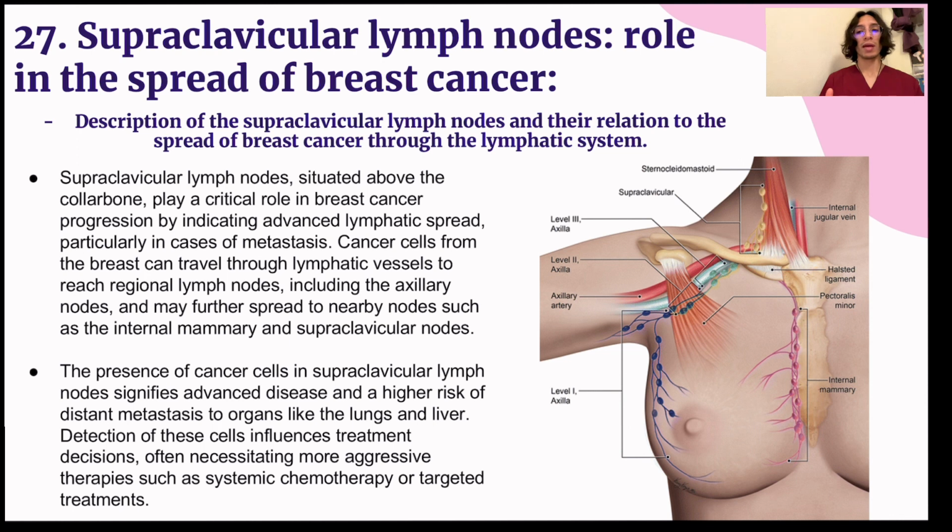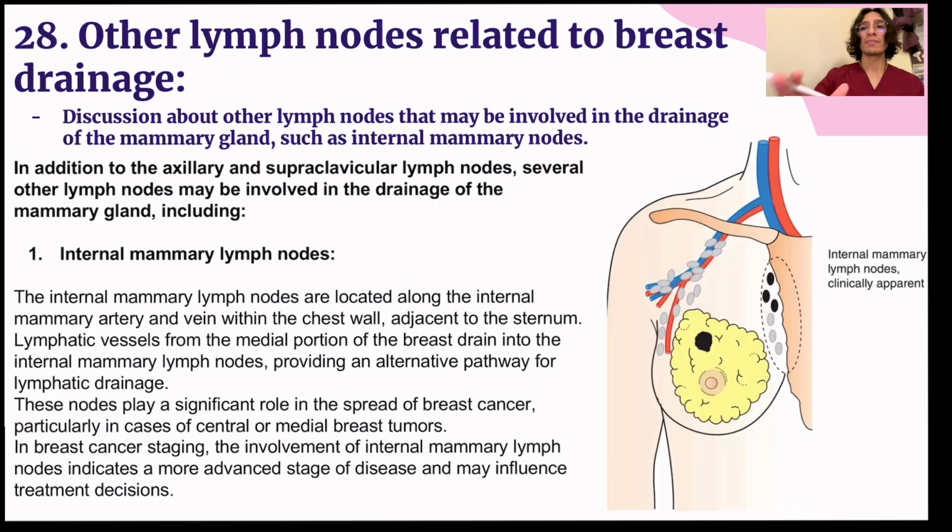The presence of cancer cells in supraclavicular lymph nodes signifies advanced disease and a higher risk of distant metastasis to organs like the lungs and liver. Detection of these cells influences treatment decisions, often necessitating more aggressive therapies, such as systemic chemotherapy or targeted treatments.